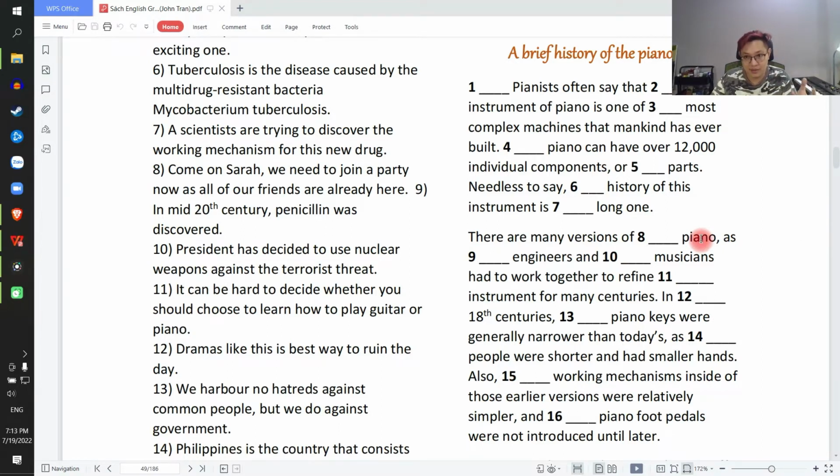So we use the definite article the here. The instrument for many centuries.